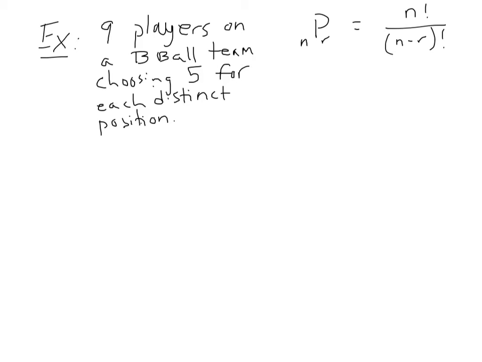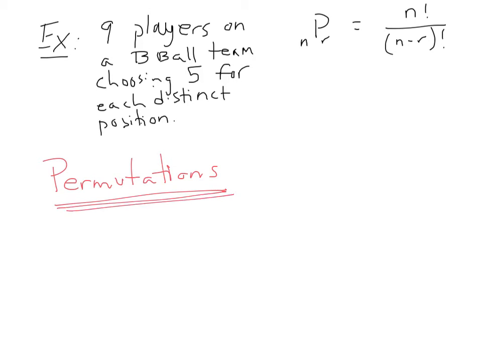On a basketball team, you have what? You have a point guard, a shooting guard, small forward, power forward, and center. So these are 5 distinct positions. It's not just 5 people, you're choosing a person for each position. That's important when talking about permutations. And since we made that distinction, that we're trying to choose distinct people, we are talking about permutations.